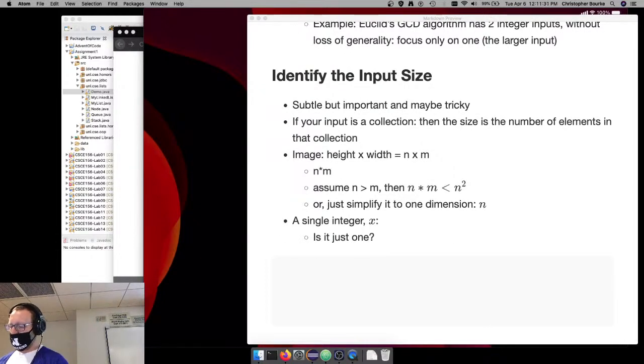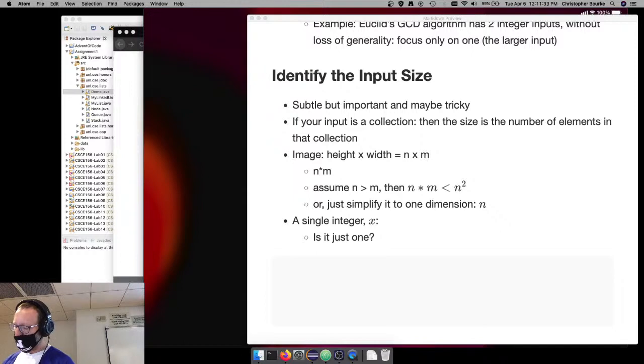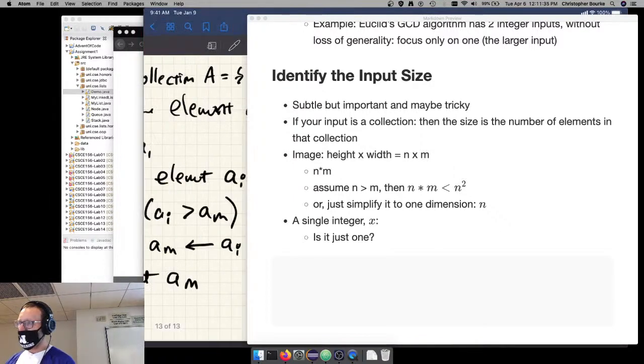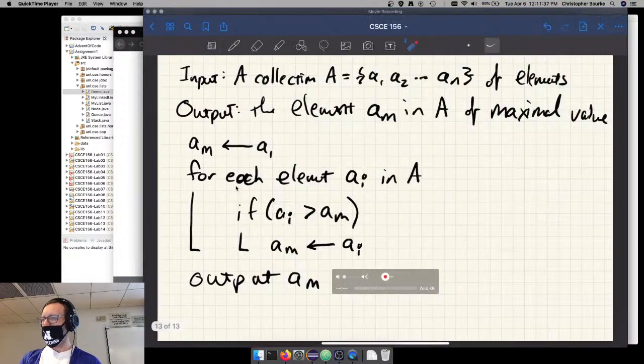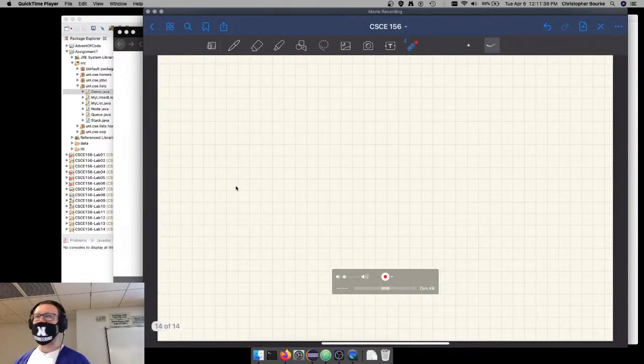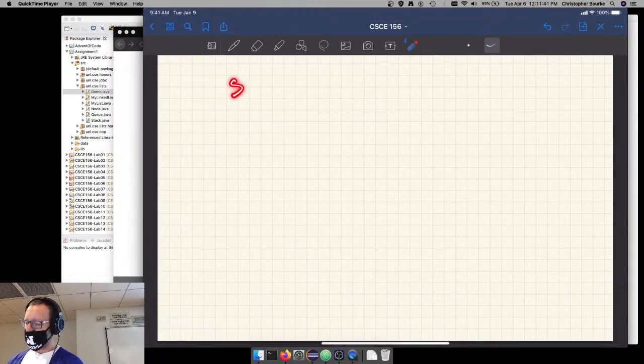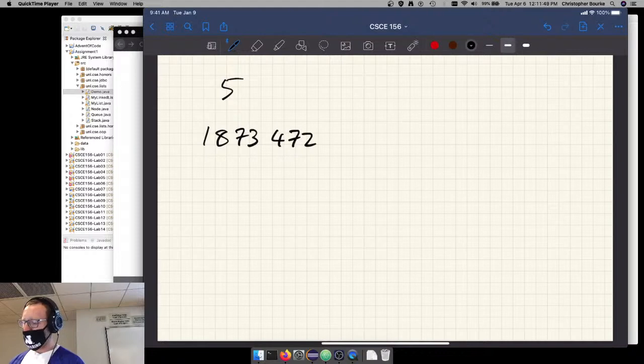So, is there a difference between 5 and 1,873,472,842? Is there a difference between those two numbers?